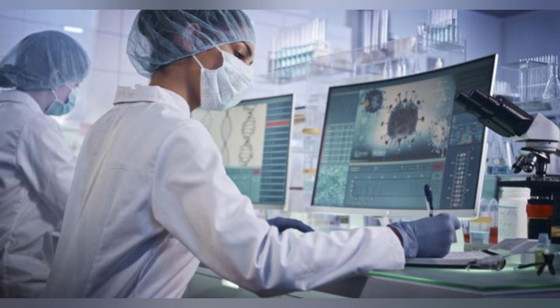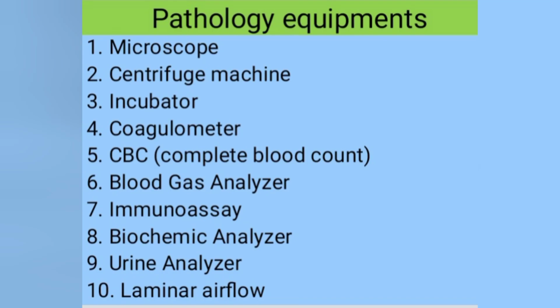Today we will mark some majorly used equipments among them. So the equipments are microscope, centrifuge, incubator, coagulometer, CBC, that is complete blood count, blood gas analyzer, immunoassay, biochemical analyzer, urine analyzer and laminar airflow.